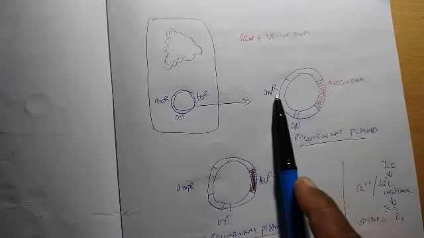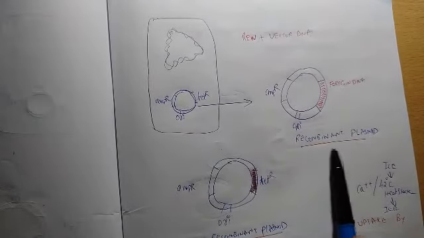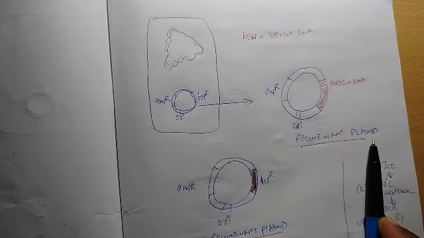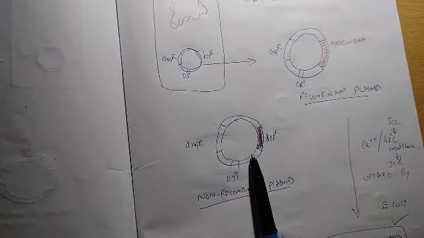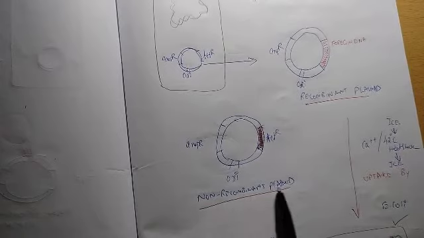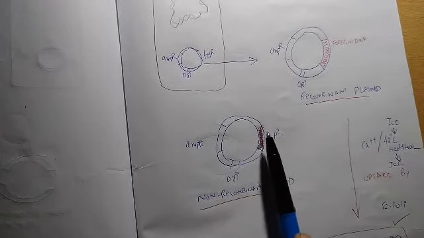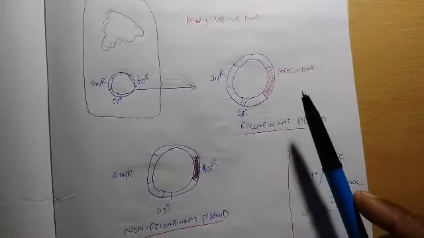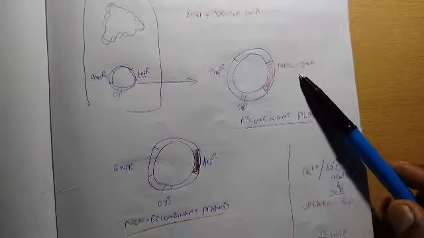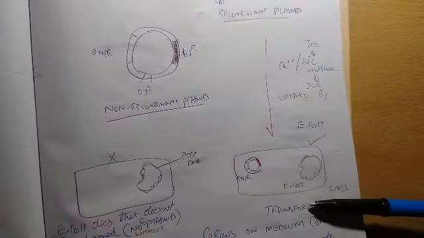So if the ligation is successful, the recombinant plasmid will be formed. If there is no ligation, this becomes a non-recombinant plasmid. Okay. So the recombinant plasmid has to be taken up by the host cell.